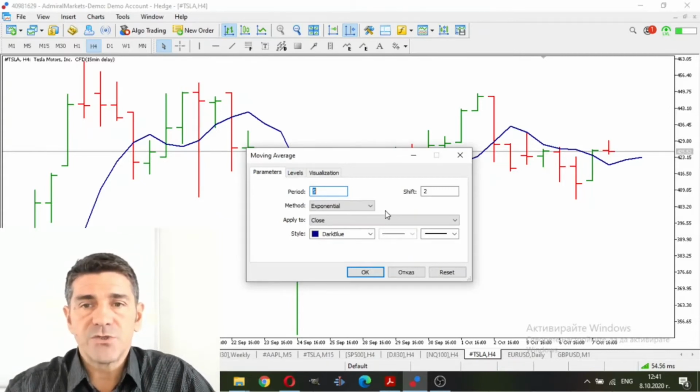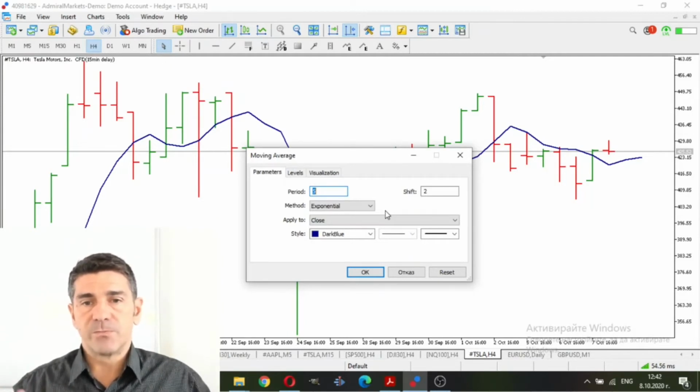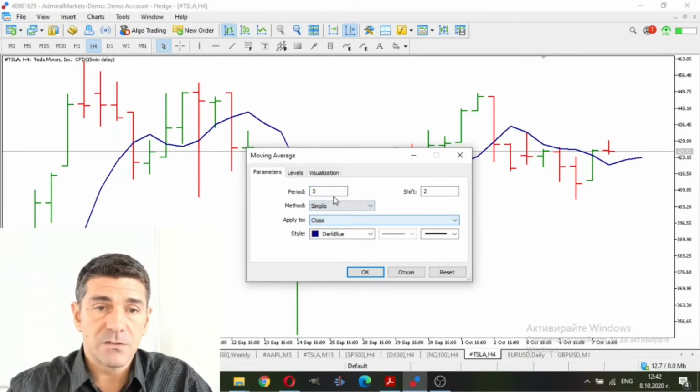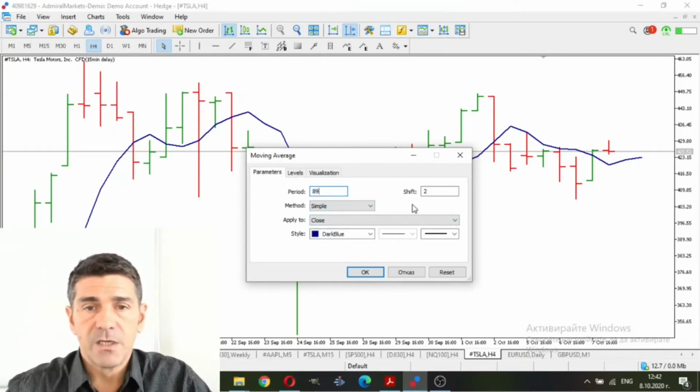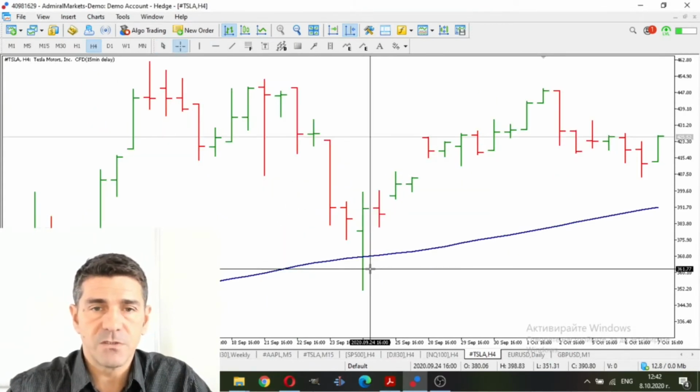Usually, with standard moving averages, most investors and traders use periods from the Fibonacci sequence. For example, 5, 13, 21, 55, 89, etc. My favorite moving average, as I've said in my previous videos, is the simple moving average of 89 period. I'm going to remove this shift, but even with this shift it's okay.